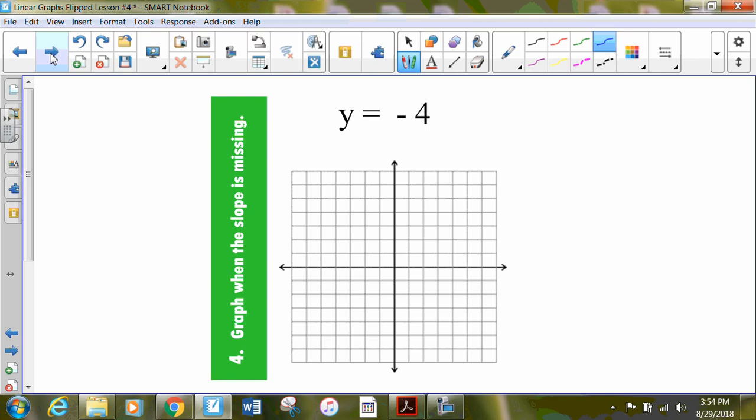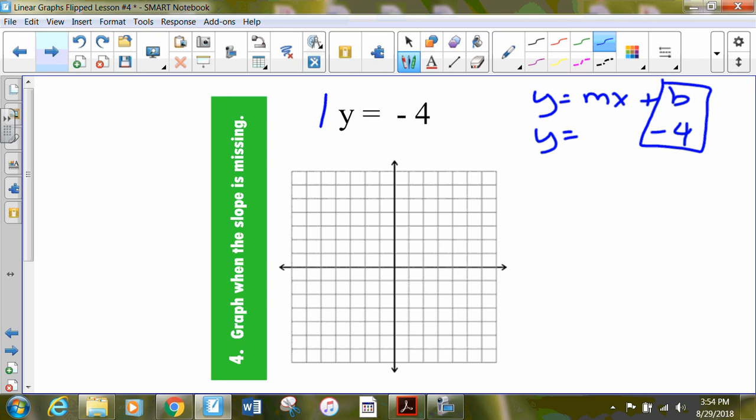Here, something's missing. It should be y equals mx plus b, and all I see is y equals -4. So they've given us our y-intercept, but what's missing is the slope. So the way I ask in class, I'm like, look at this equation. How many x's do you see? And you guys say, oh, none, we don't see any.